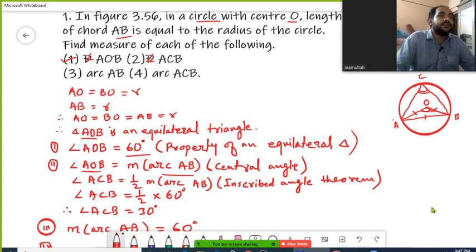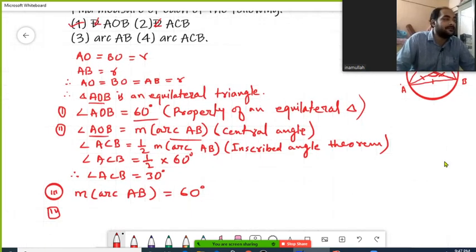The rest of the arc in the given circle is arc ACB. The total arc of a circle is 360 degrees. If you subtract arc AB from 360, you will get major arc ACB. So here we can say arc ACB plus major arc AB is equal to 360 degrees because they complete a circle.